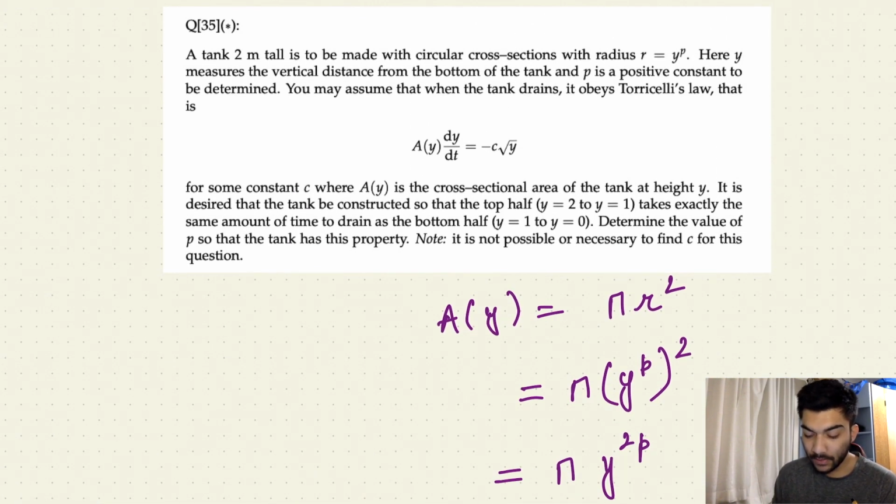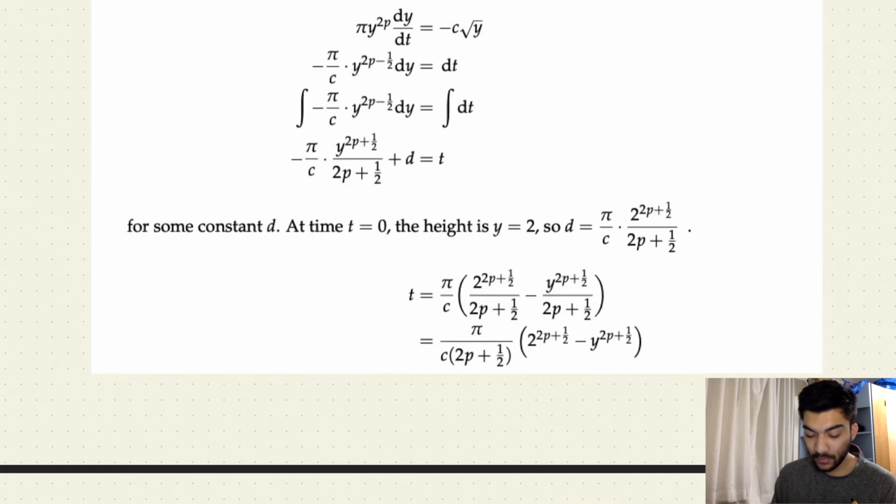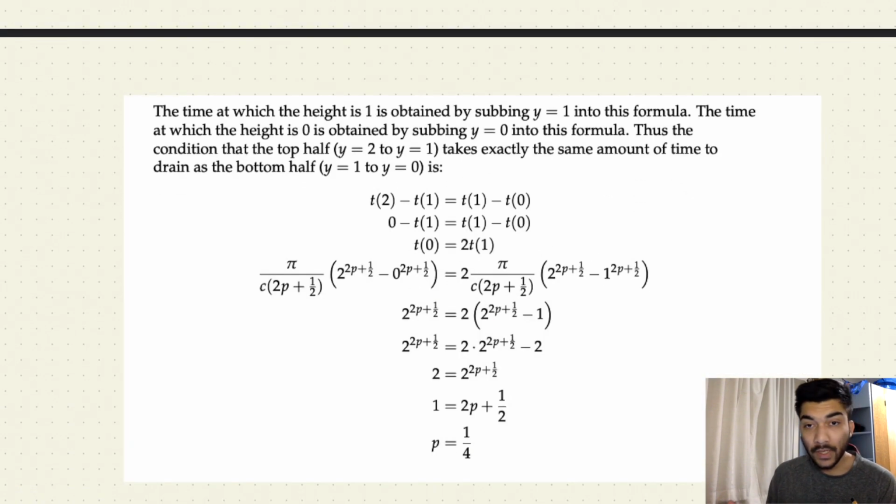We know that the time taken for our tank to drain from y equals 2 to y equals 1 is the same time the tank takes to drain its liquid from y equals 1 to y equals 0, right? So now that we have t as a function of y, we can use the condition given.